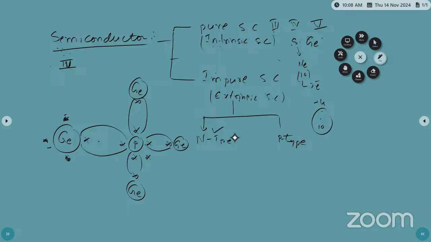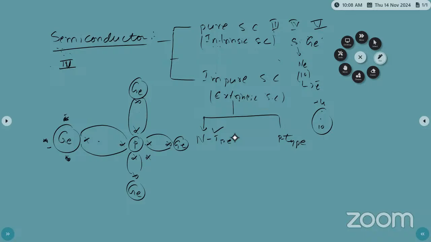Now the N-type semiconductors are having what charge carriers? Electrons. That is the minus. Minus means electron. So the electrons are charge carriers. Now if you are applying power to that impure semiconductor, the electrons can move from one place to another place depending on the power supply. Any power supply is having 2 terminals.